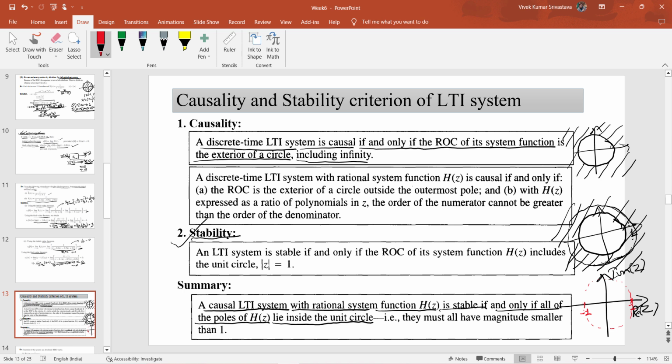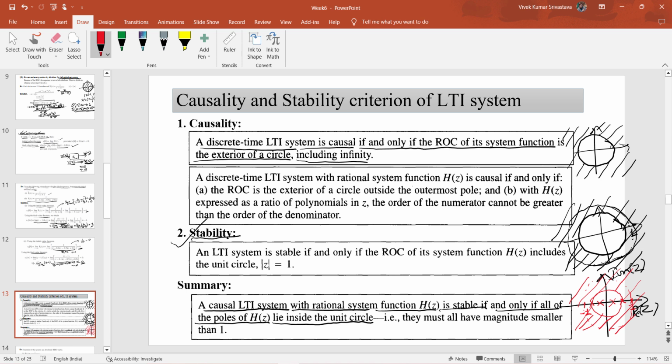If this is a causal system, then all the poles should lie inside this unit circle. And if all the poles lie inside the unit circle, then the ROC will always contain the unit circle. So that's why this system will be stable always.